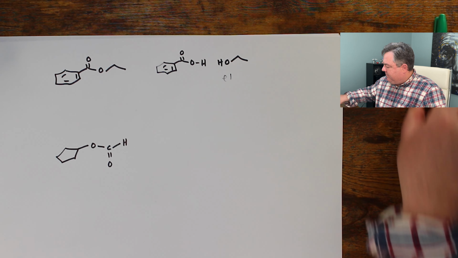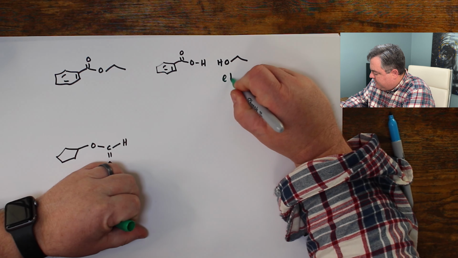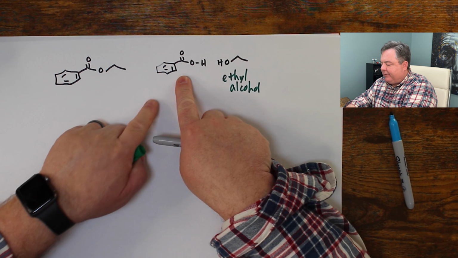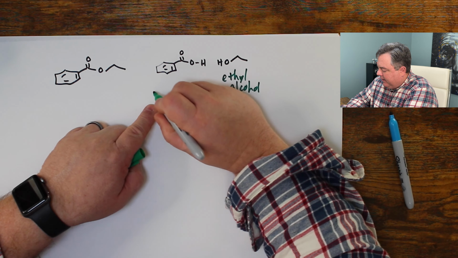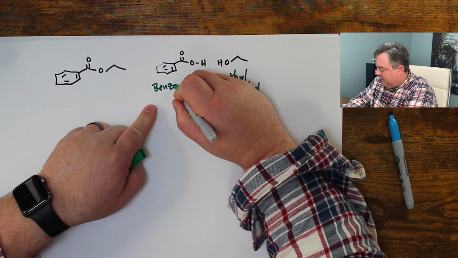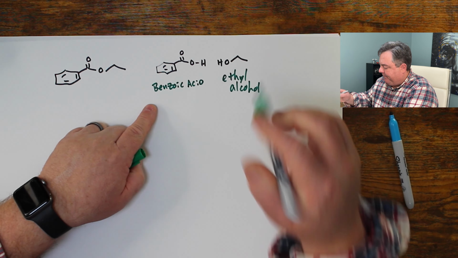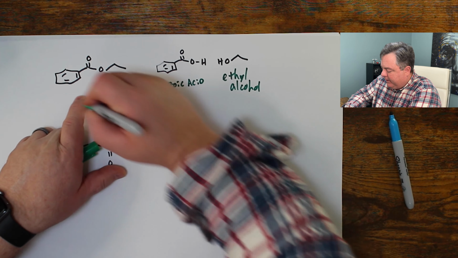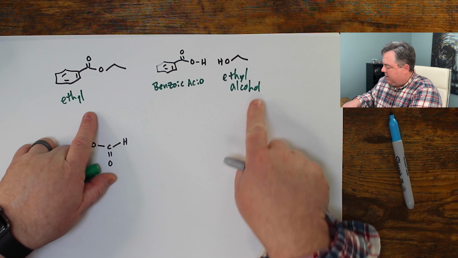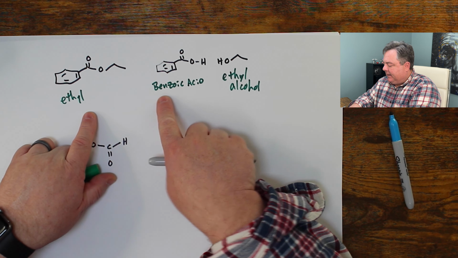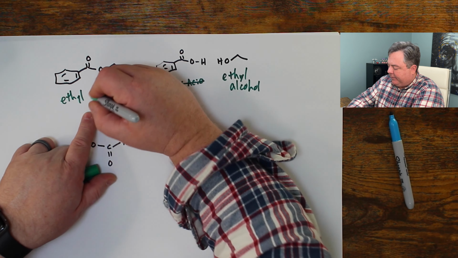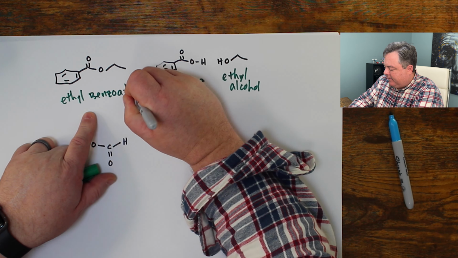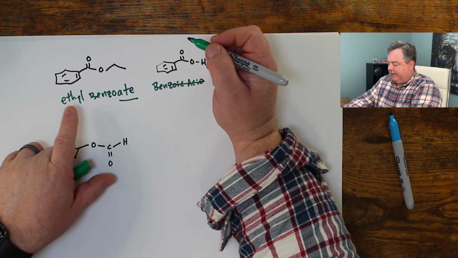Let's use a different marker. And this carboxylic acid with a benzene on it is benzoic acid. So the name of this ester would be, name the alcohol first, ethyl. Then I go to the carboxylic acid and I lop off the ic acid ending, so it's ethyl benzoate, because it's an ester, it ends in ate. So ethyl benzoate.